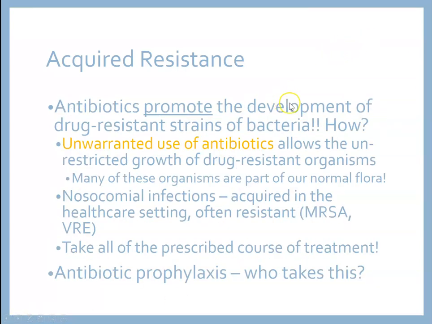Unwarranted use of antibiotics allows the unrestricted growth of drug-resistant organisms. And many of these organisms are part of our normal flora. So we have to be really careful when we take antibiotics. For instance, a number of people will go to Mexico and purchase antibiotics and basically dose themselves.